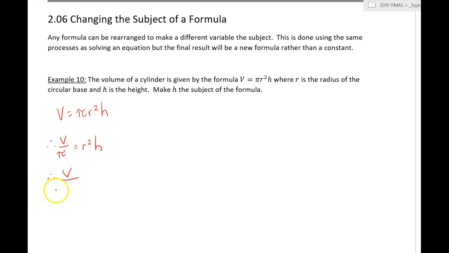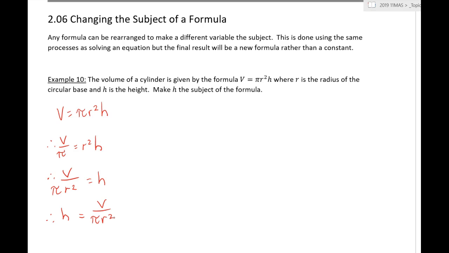Volume over pi r squared equals h. And then I'm just going to write it the other way around, because that's pretty much your answer. It's much neater to say that h, your subject, equals v over pi r squared. So there we go. h is the subject of that formula.